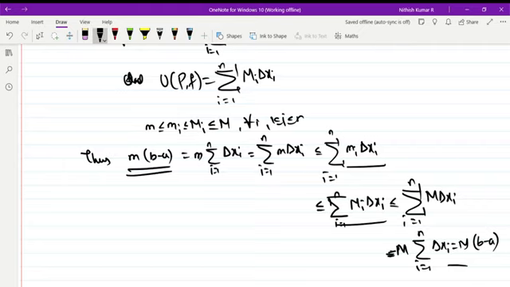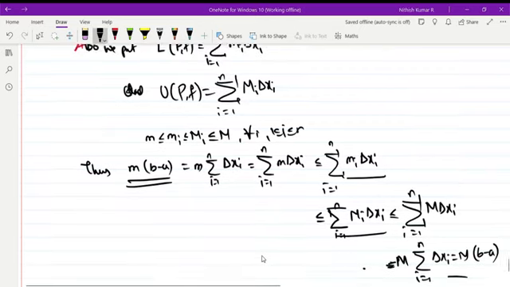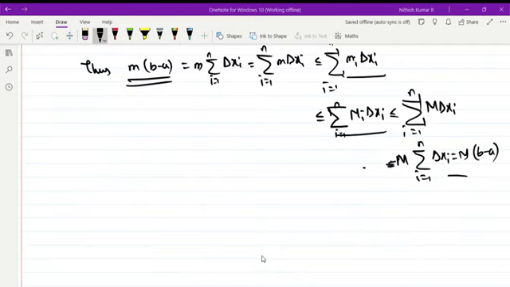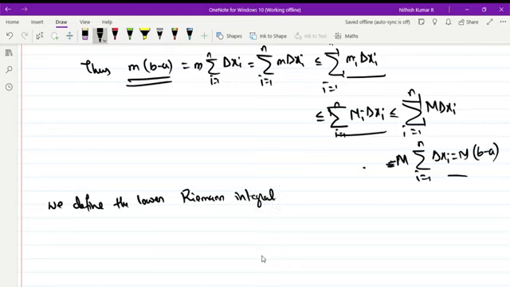Okay, let's move forward. We define the lower Riemann integral of f with respect to x over the closed interval a comma b.